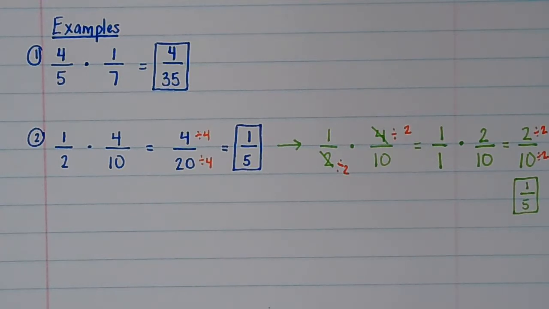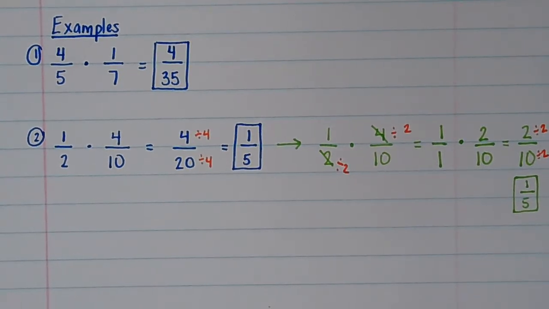The only time cross-canceling is really beneficial is when your numbers are big. Like if you had 13 times 15, you'd probably want to figure out something to cross-cancel so that you can make life a little bit easier with your multiplying. But once again, it is not required. You can still do regular multiplication, okay?